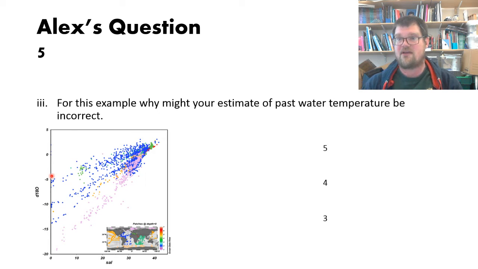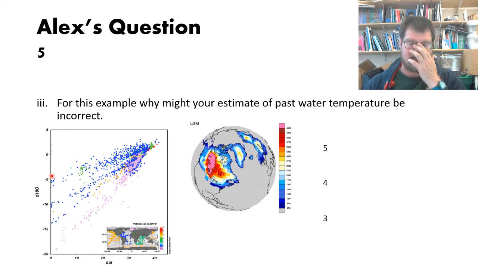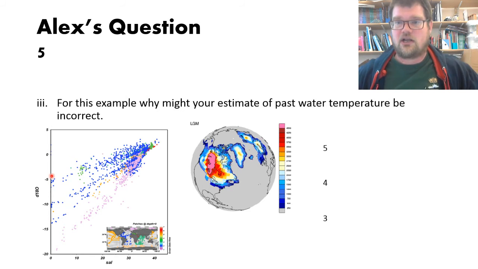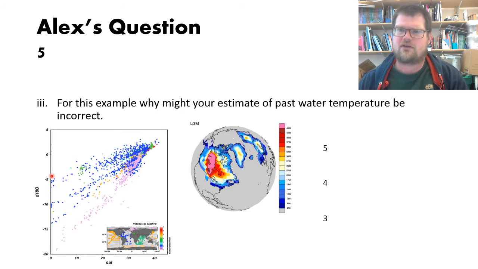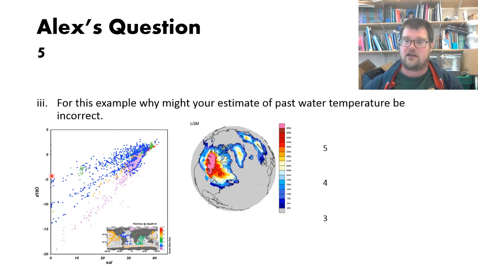One of the main reasons for that is that during the last glacial maximum, 21,000 years ago, there was a huge ice sheet over the northern hemisphere. Antarctica was also larger, the ice on Antarctica was larger. So water is held up on land, which means the ocean is saltier.